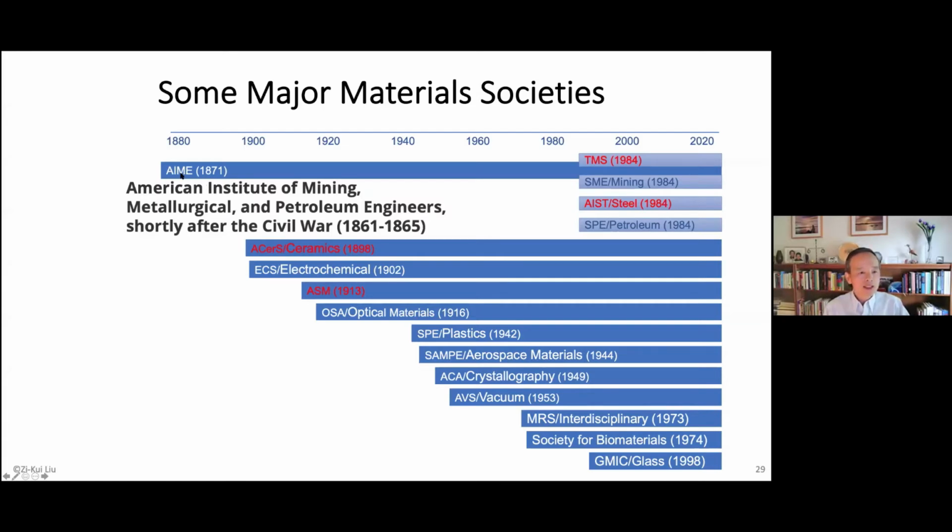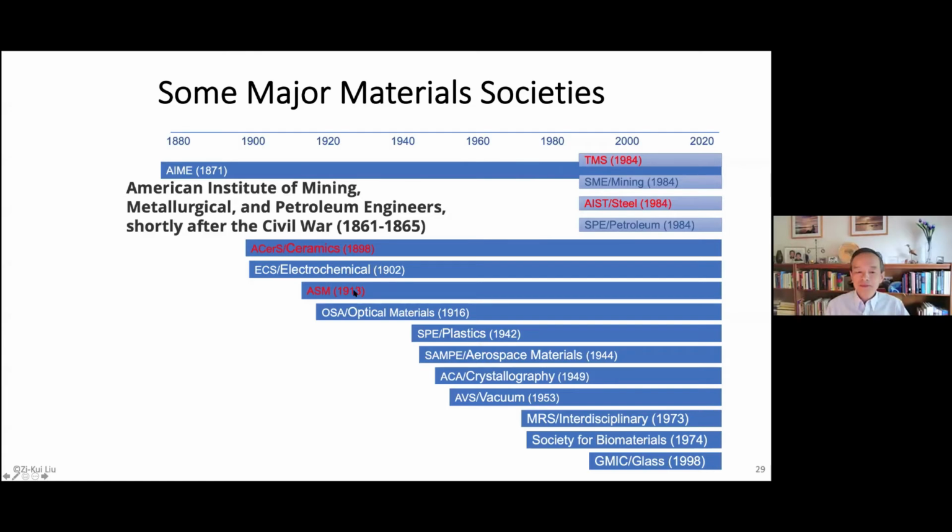AIME was the oldest one in the United States, and it was separated into 4 organizations in 1948. So about 100 years later, they decided to separate because they were so different. You can think of a bigger configuration becoming 4 smaller configurations. The American Ceramic Society is 1898, and so forth.